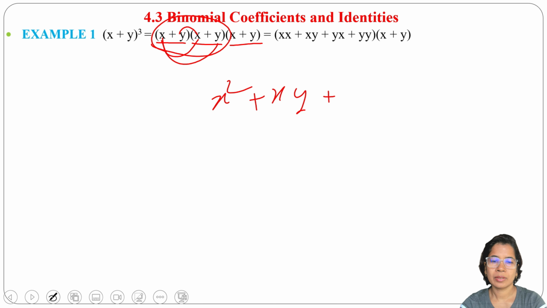Now simplify this: it will be x cube plus 2x square y, here is also 1 x square y, so 3x square y, plus xy square, here is also another 2xy square, so it is 3xy square plus y cube. So after solving, we got x cube plus 3x square y plus 3xy square plus y cube.